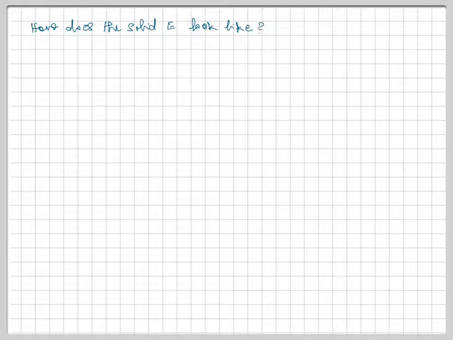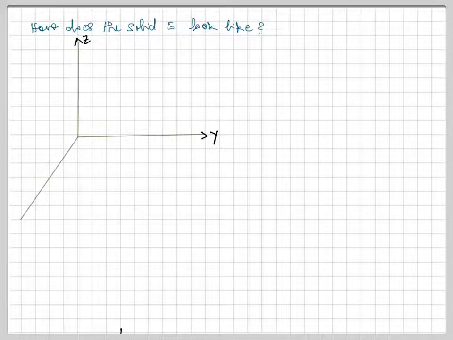Next, let's analyze the graph. How does the solid look like? Let's graph that in the three-dimensional coordinate system, x, y, z axes, as shown here. We need more information about where the two surfaces meet.